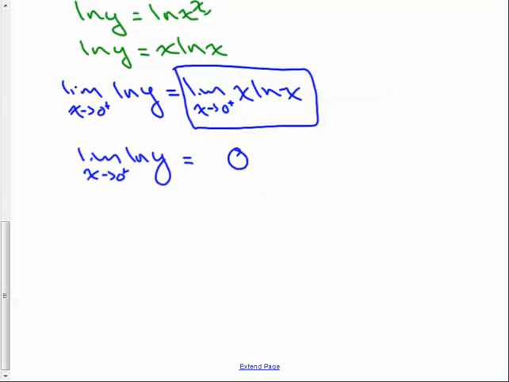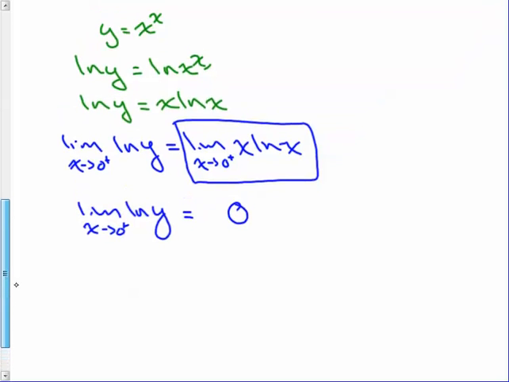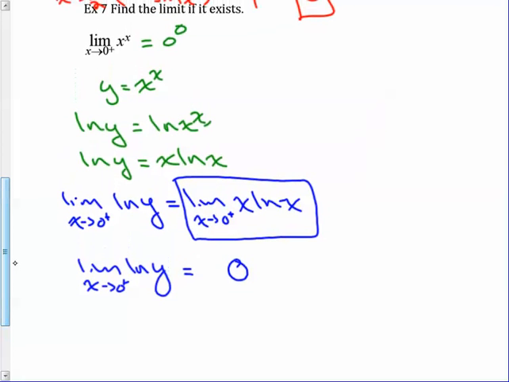So the limit of the natural log of y as x approaches 0 is equal to 0. But I want to know what the limit of y is.